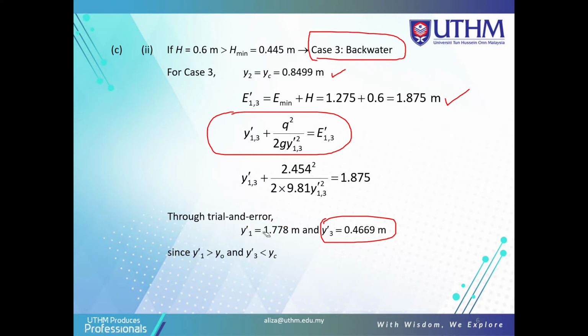Based on this value, we get the value of this case 3. That's all. If you have any questions, we can discuss again in our tutorial class. No need to worry about this calculation.